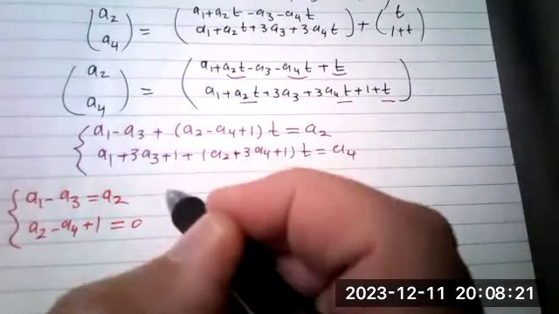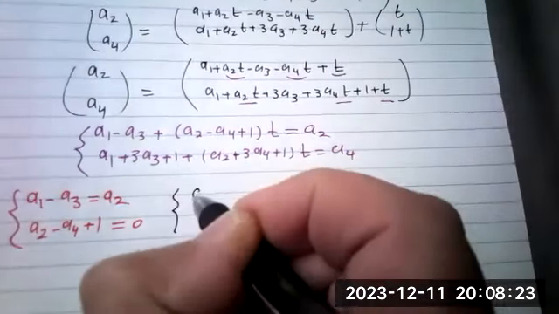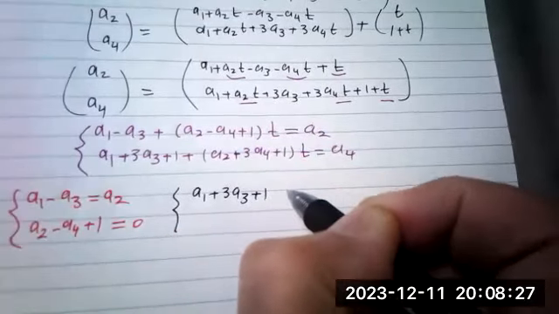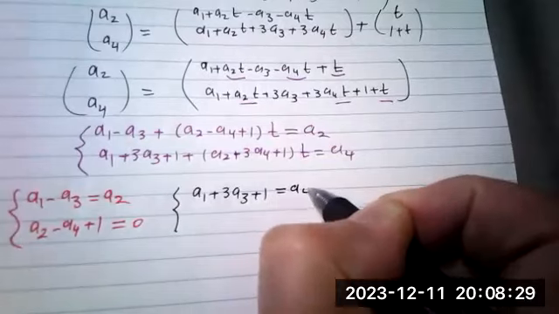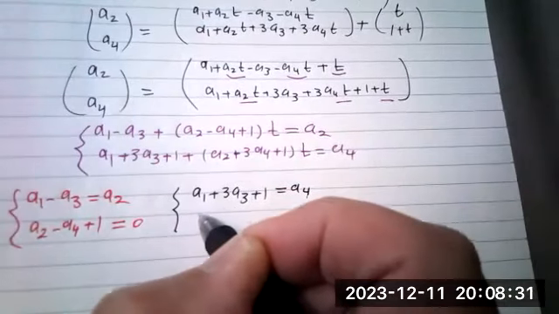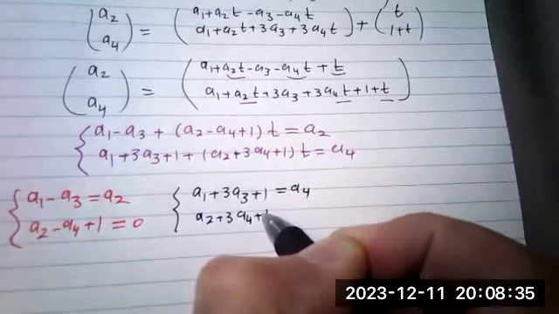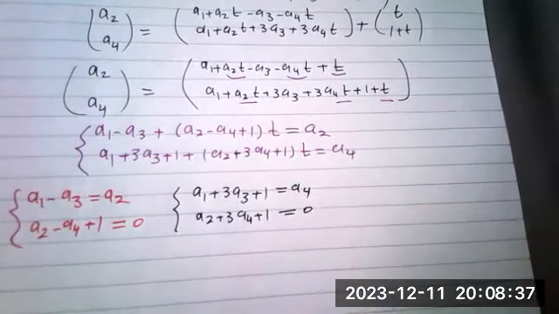Okay, from the second equation, the constant term is A1 plus A3 plus 1 equal to A4. And from the second one, we get A2 plus 3A4 plus 1 equal to 0.